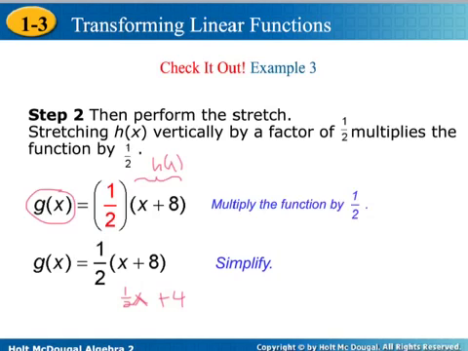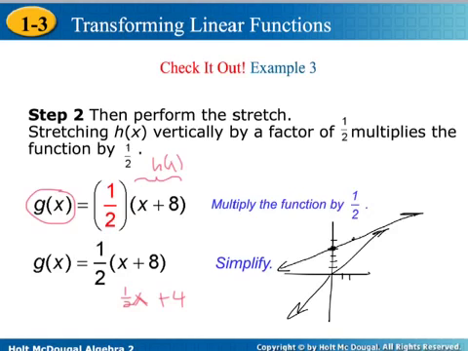And then if we were to compare the two, let me draw something here. So f of x equals x looks like this. Okay, but 1/2 x plus 4, up 1 over 2, looks like that.